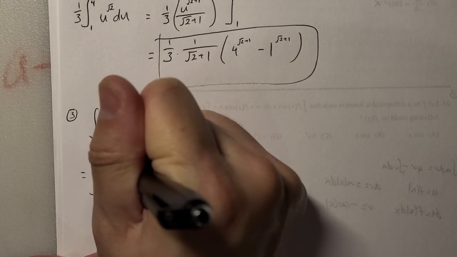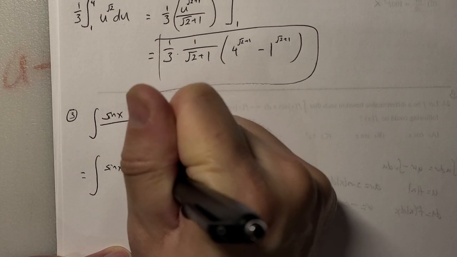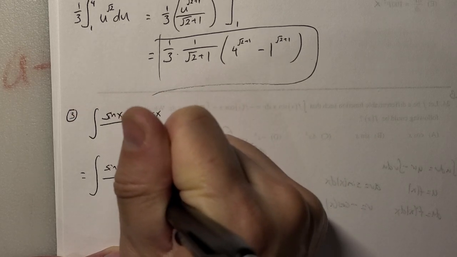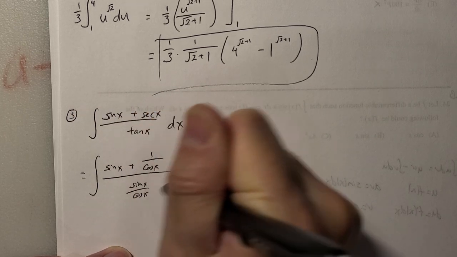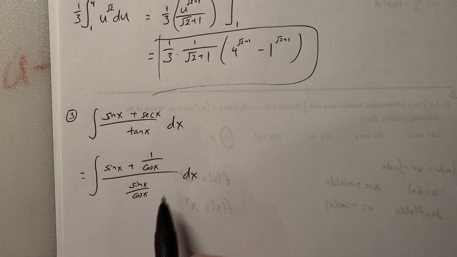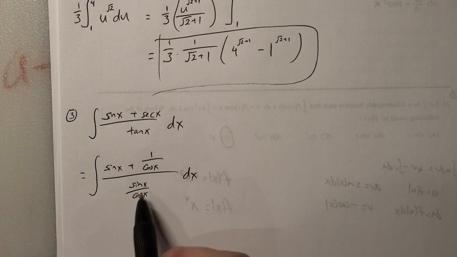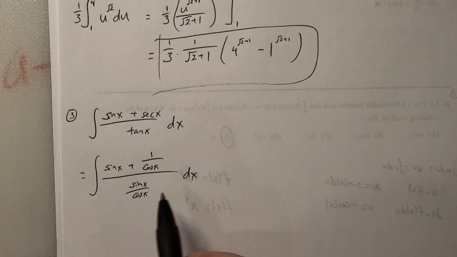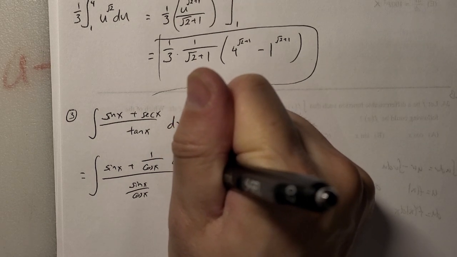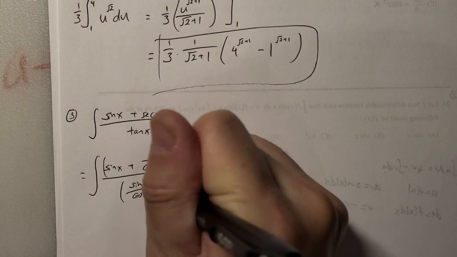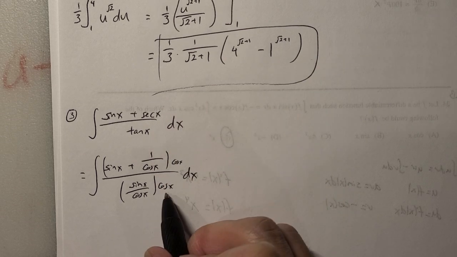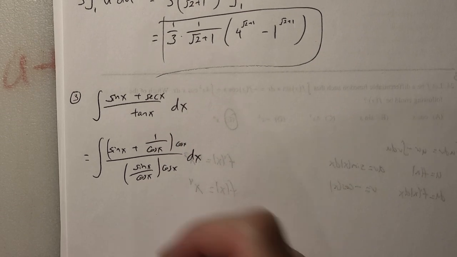So that's sine x, that we leave the same. Secant x is 1 over cosine x. Tangent x is sine x over cosine x. Since we have cosine on the bottom for these two, maybe let's multiply by cosine on top and bottom. Cosine x divided by cosine x is 1, so we're allowed to do this.